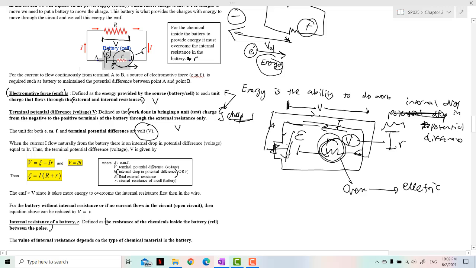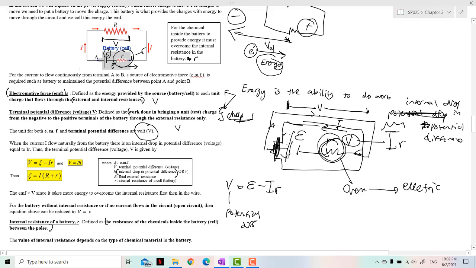So as we can see here, our V is equal to epsilon, which is the EMF, minus I r, which is our potential drop, the internal drop. So when we talk about our potential difference, it must be equal to our EMF minus our internal drop I r.